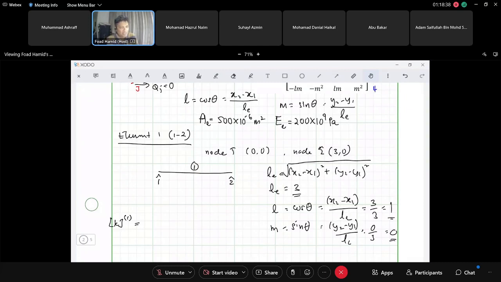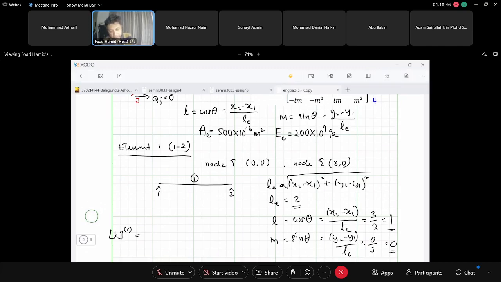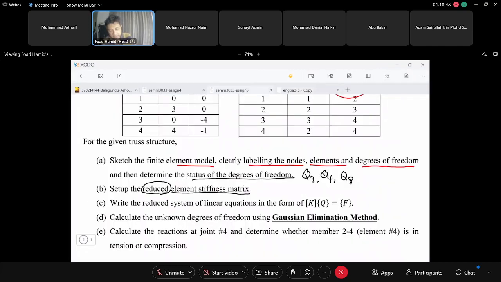And I think because of that, if you look at the question paper, it is asking us to do a reduced element stiffness matrix, to save you time. But there's a but. Never mind about the but first.